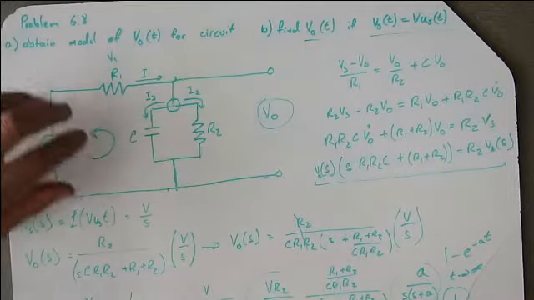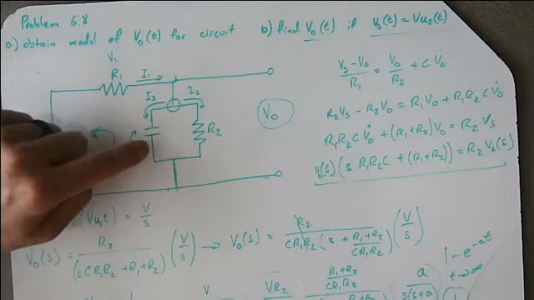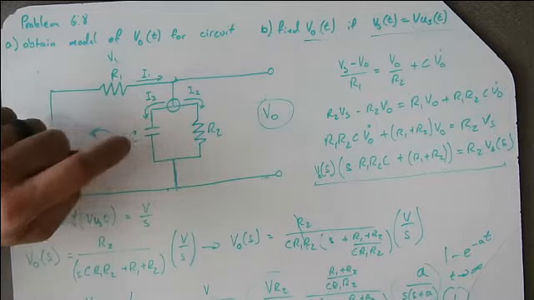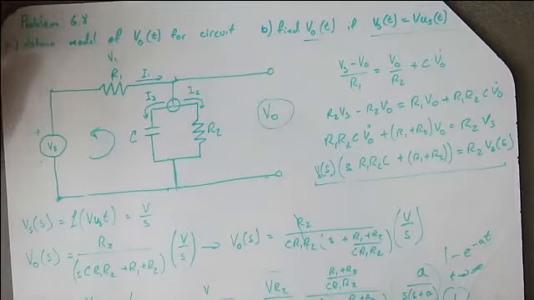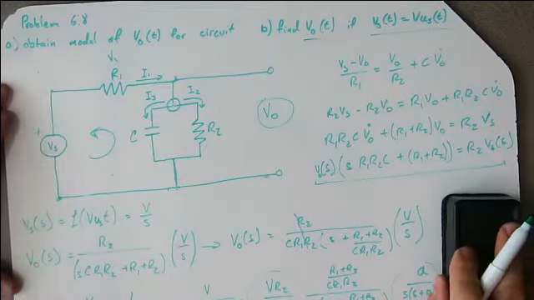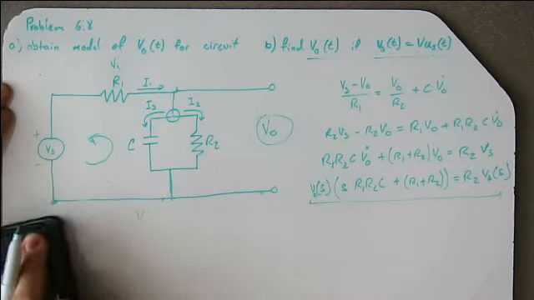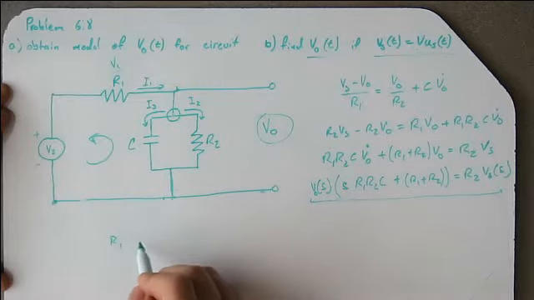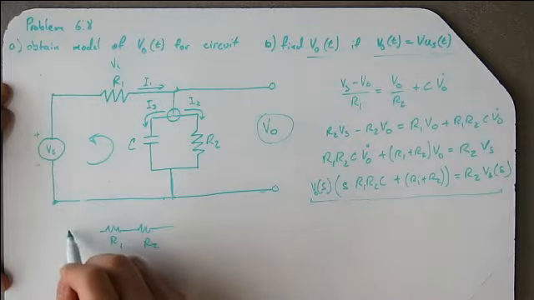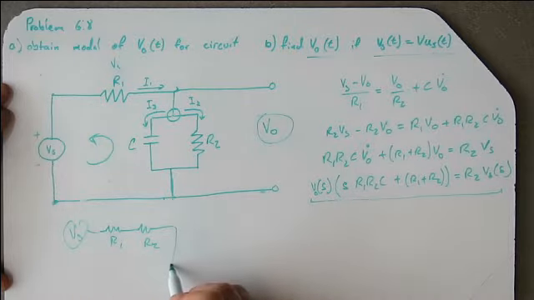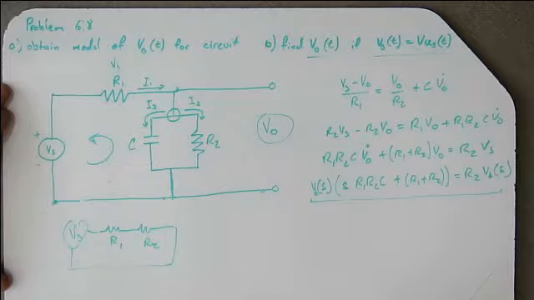As time goes to infinity, this capacitor fills up with charge, and no current flows through it whatsoever once it fills up with charge. So then we just have two resistors in series, and the voltage drop across one of those resistors in series, R1, R2, is just going to be like VS. Part of VS is going to drop across R1, and part of VS is going to drop across R2.